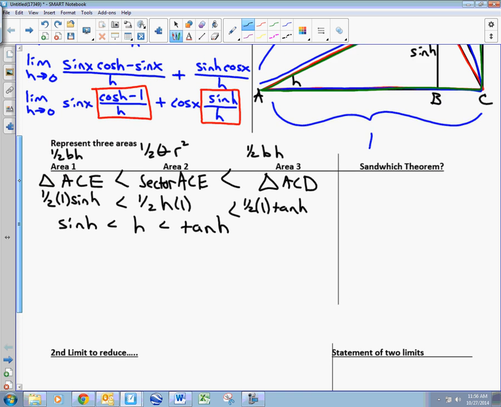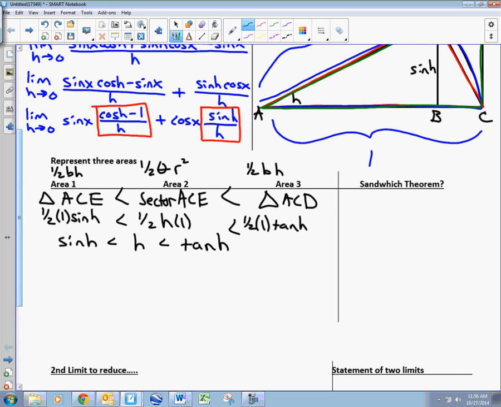So what I want is, again, to come up with something like that. If you divide by H, you get a 1 in the middle, right? Except what we actually want is to have this thing in the middle, because we're going to use what we call a sandwich theorem.